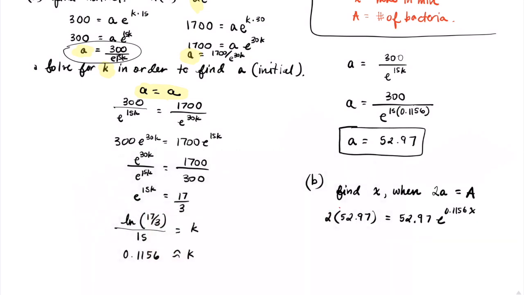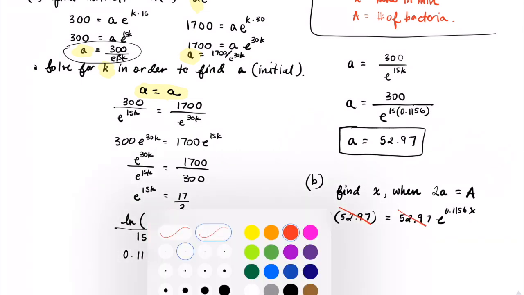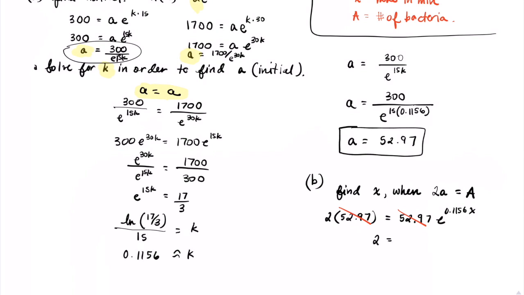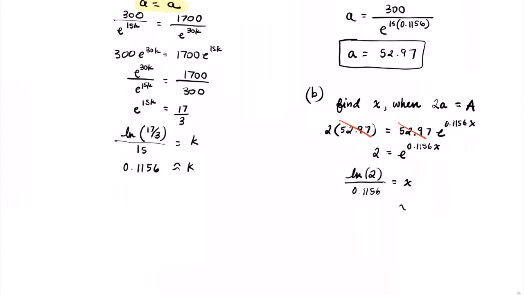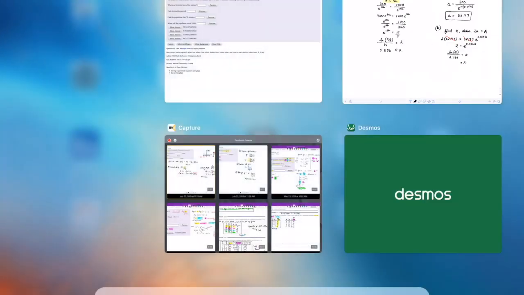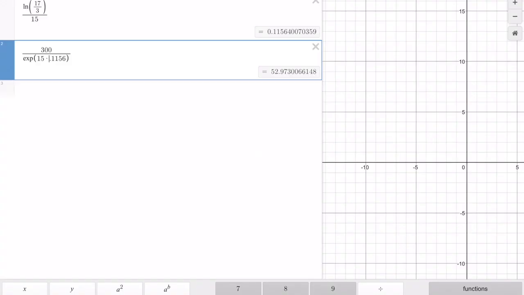Now, this seems kind of redundant and silly because those two just reduce out, and you're really left with 2 is equal to e to the kx. And I would say, yeah, that's exactly it. So now we can go ahead and solve as we know. The doubling time will always be the natural log of 2 divided by k, which is 0.1156.